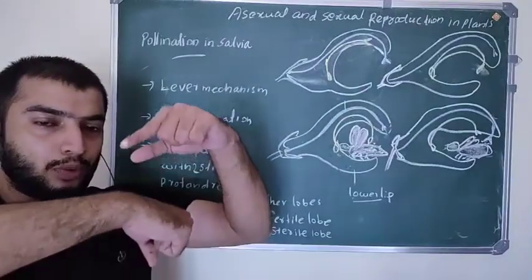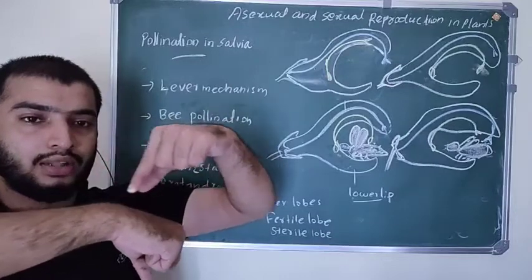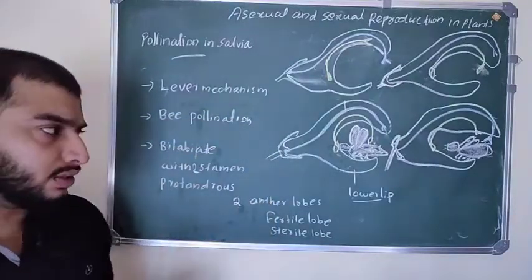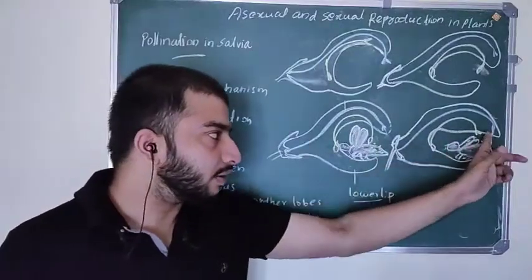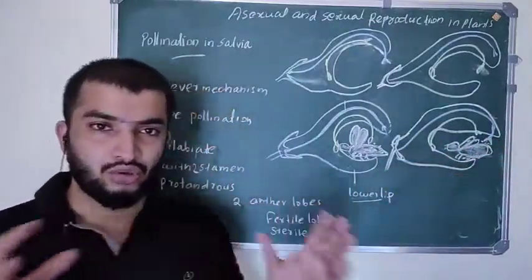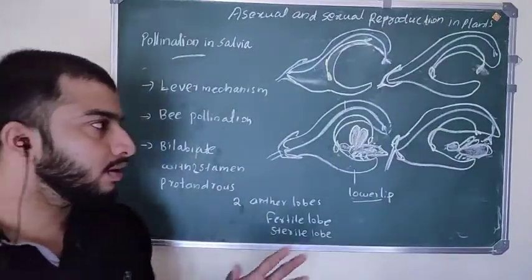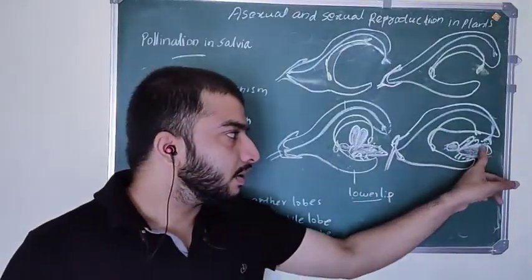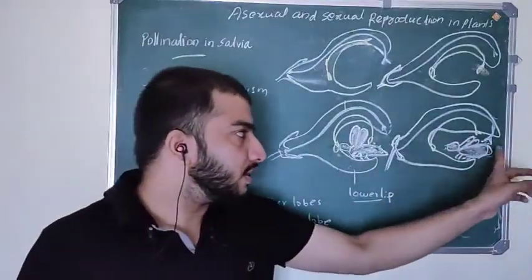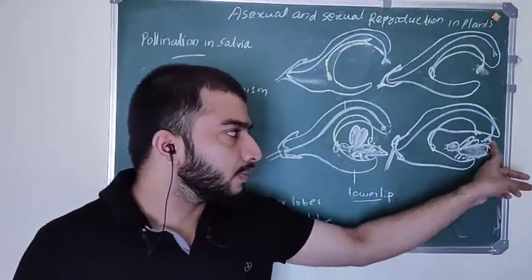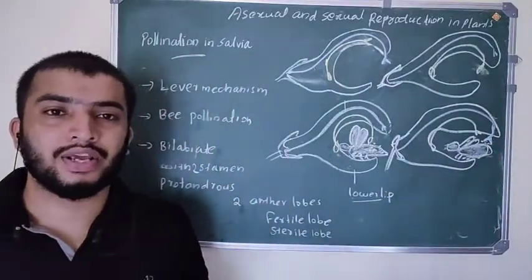So the pollen from the fertile envelope is now on the back of the bee, and this bee goes to another flower, in which the stigma has already matured, and enters that flower. The pollen grains on the back of the bee attach to the stigma of the flower. So pollination takes place.